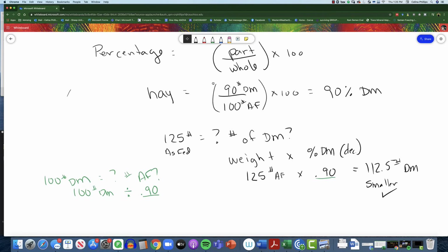So if we had 100 pounds of dry matter and we have to add water back into it, we should be getting a heavier number. So 100 divided by 0.9 is going to give us 111.1 pounds as fed. So we went back to a heavier number.